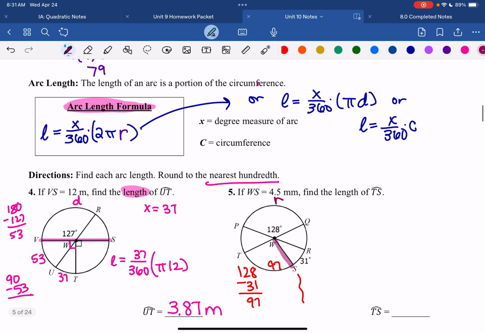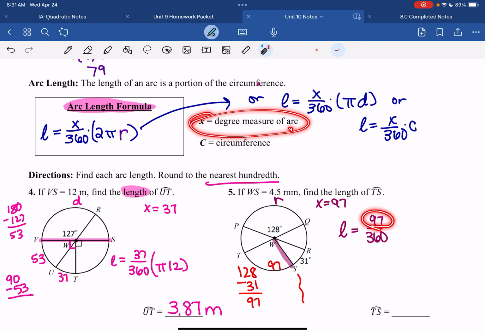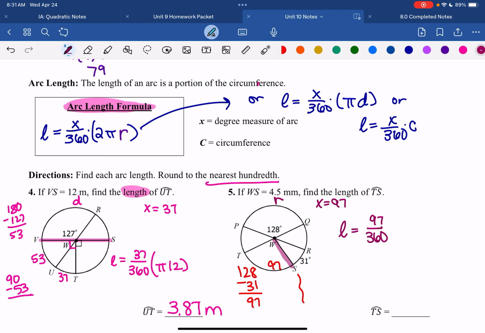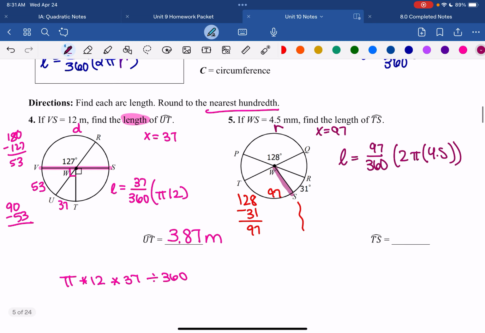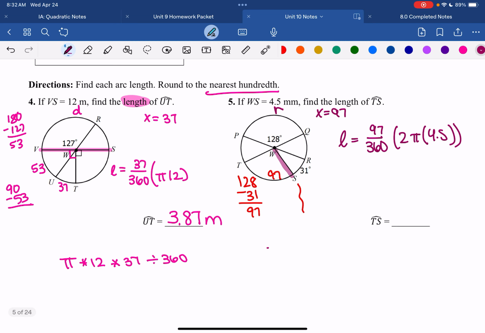So then we're going to do the arc length, that cursive L, 97 over 360. So remember, our X is that 97. That's that angle measure. That degree of that arc, 97. Times 2 pi r, which is 4.5. So in your calculator, again, if you want to make it easy for yourself, do 2 times pi times 4.5 times 97 divided by 360.